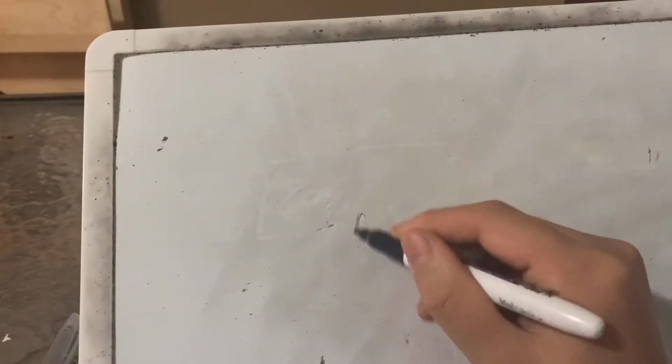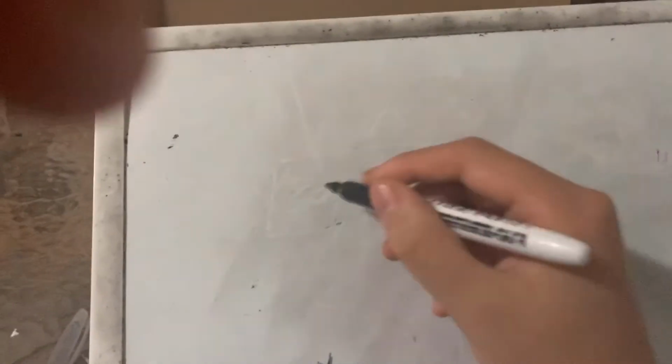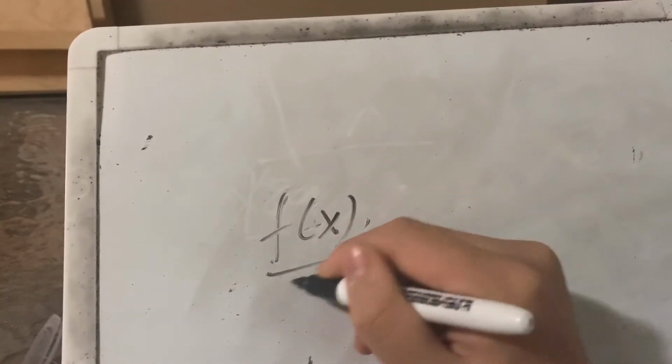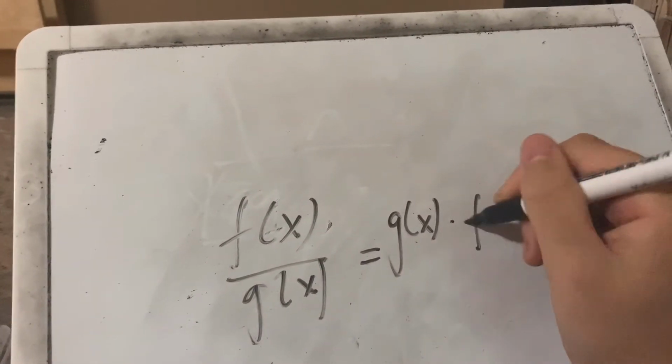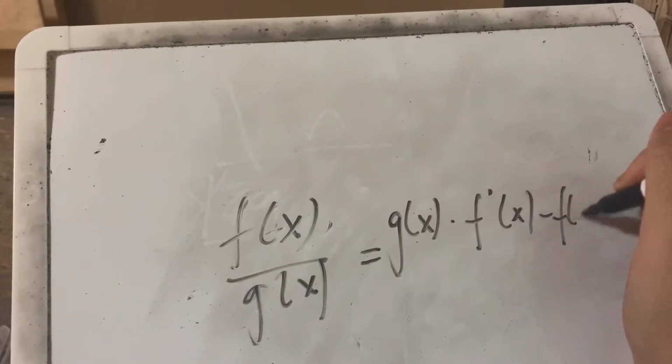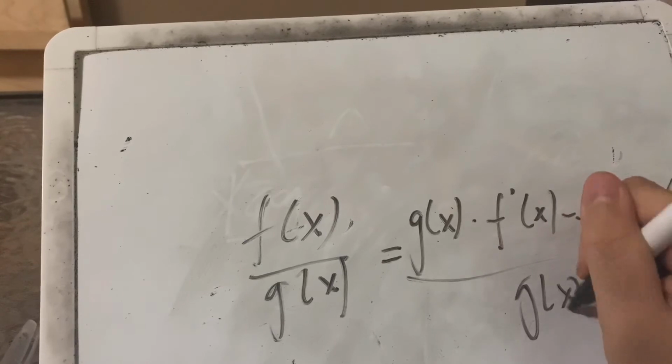And the division rule, which is given a function f(x) divided by g(x), the derivative is g(x) times f prime of x minus f(x) times g prime of x, divided by g(x) squared.